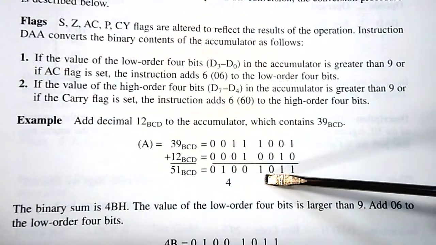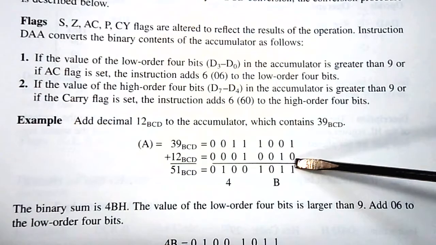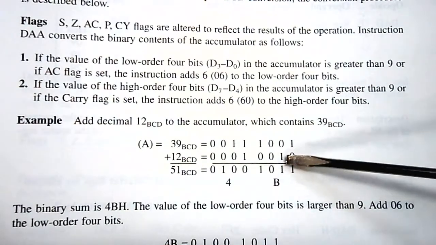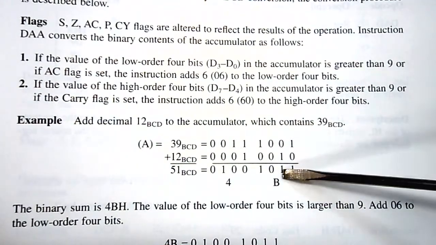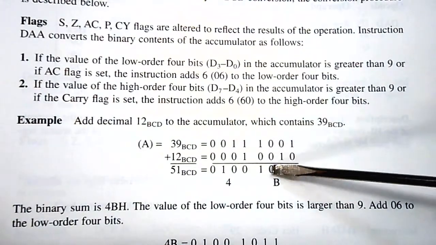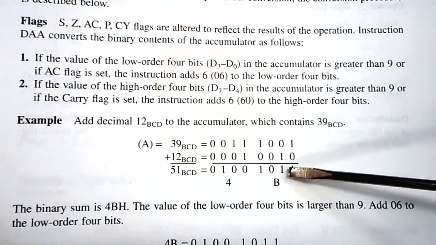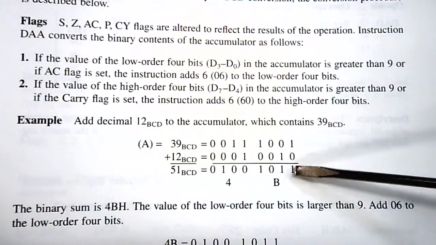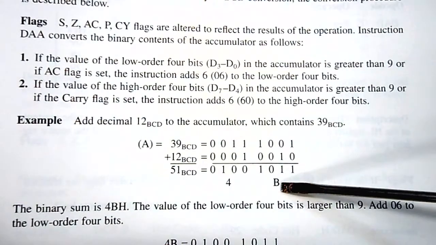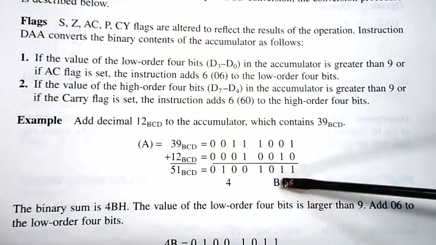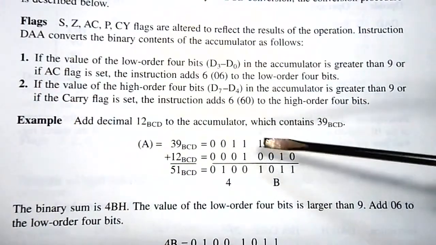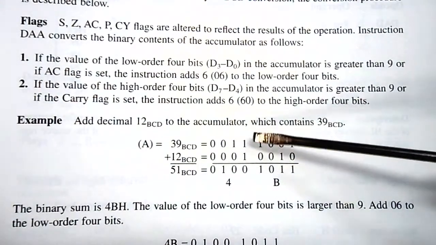However, doing this with the microprocessor, we can see 0 plus 1 is 1, 1 plus 0 is 1, 0 plus 0 is 0, and 0 plus 1 is 1. So 1, 0, 1, 1 is greater than 9. It's actually B in hexadecimal. So we're going to have to correct for this, and that's going to generate an auxiliary carry.